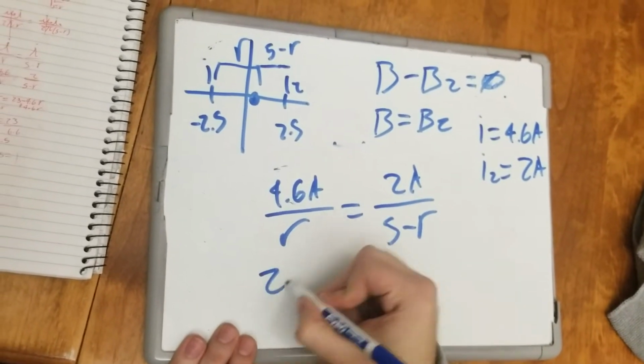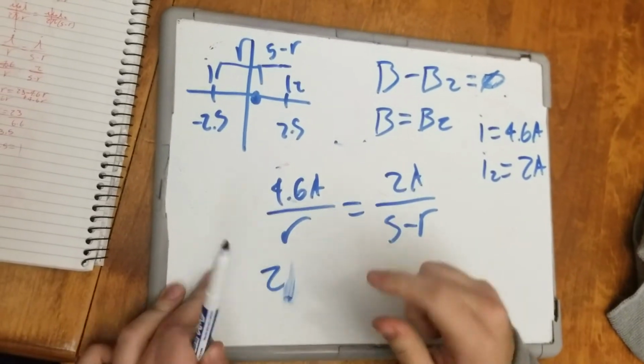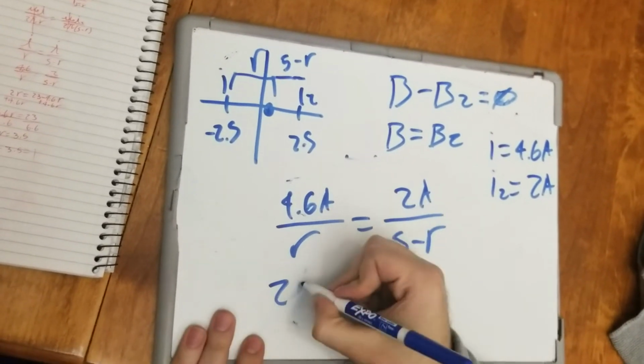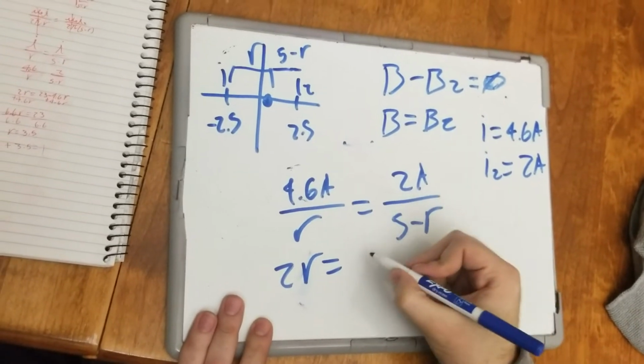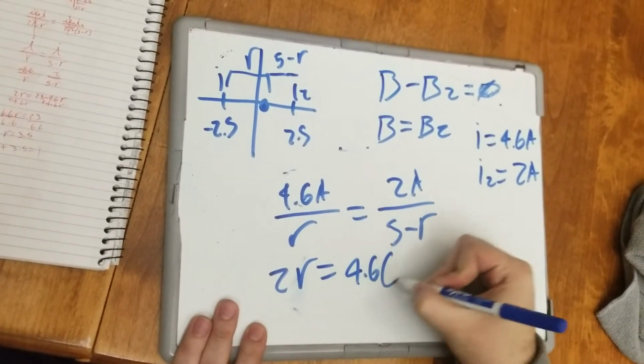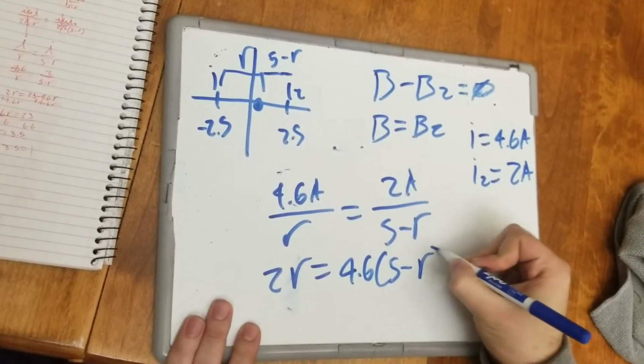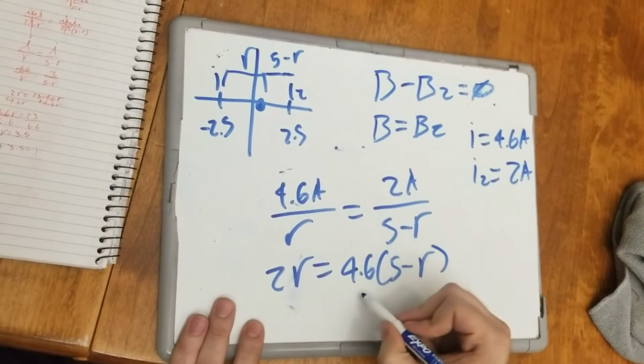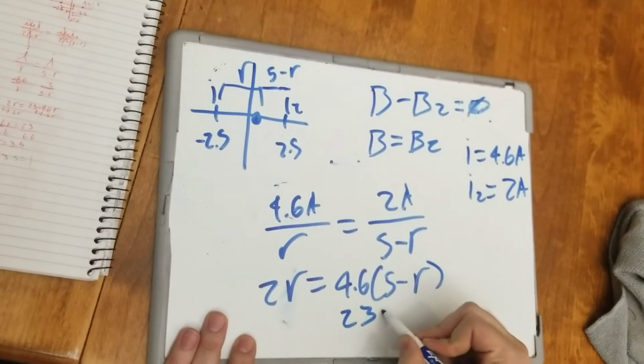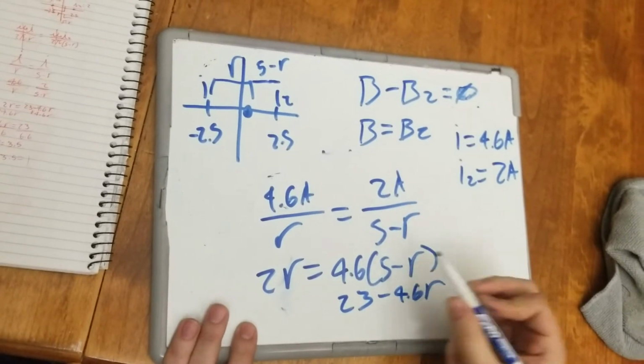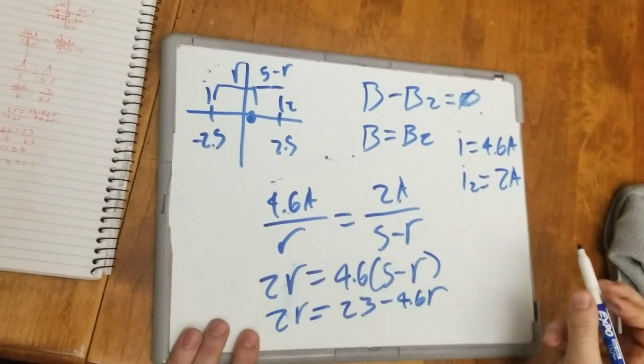Let me get rid of the A, it'll be confusing with that there. 2R equals 4.6 times 5 minus R. Multiply that in. 23 minus 4.6 R equals 2R.